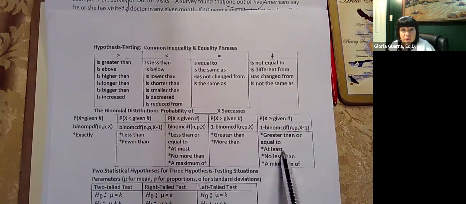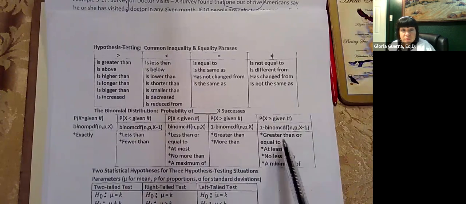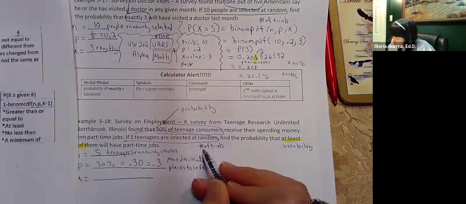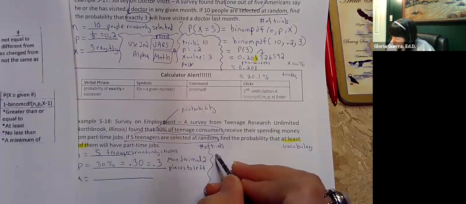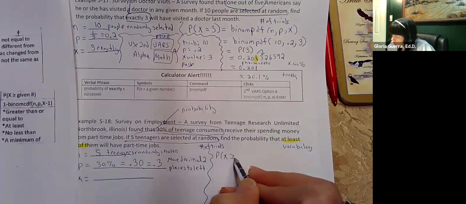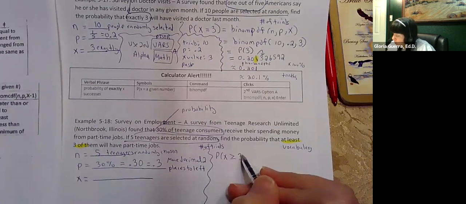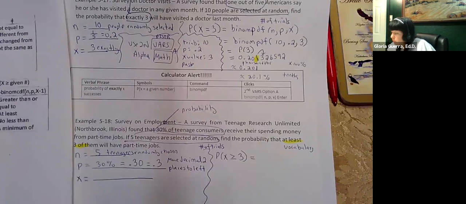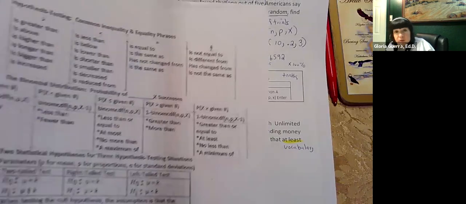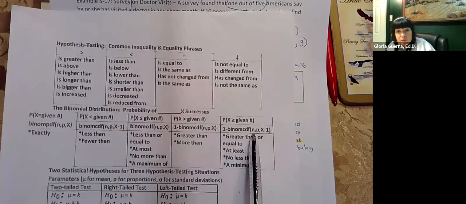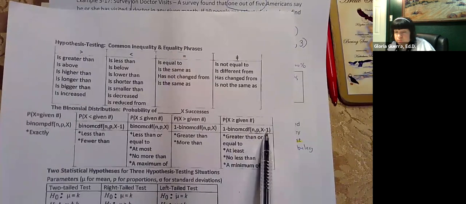At least. This is it, so you want to make use of this. You want to set it up like this: probably x is greater than or equal to a given number, and your given number is 3, they said at least 3. So you're going to say probably x is greater than or equal to 3. And then you want the command 1 minus binomial CDF npx minus 1.